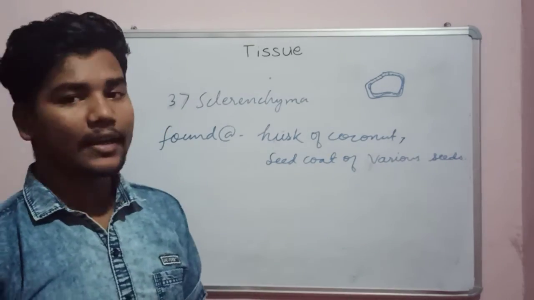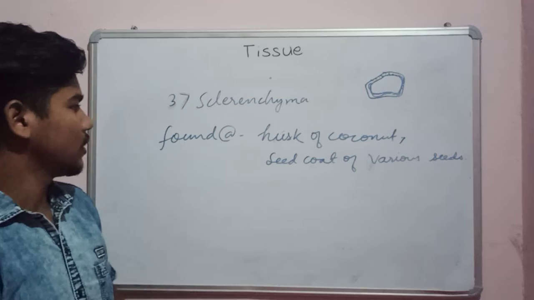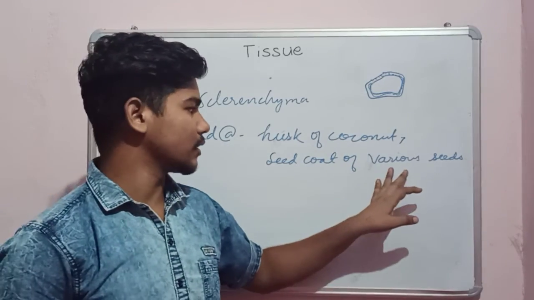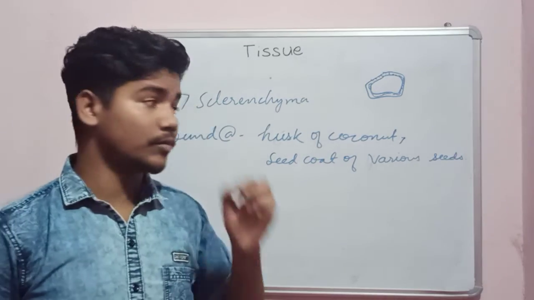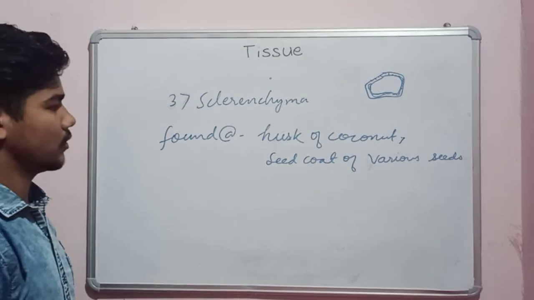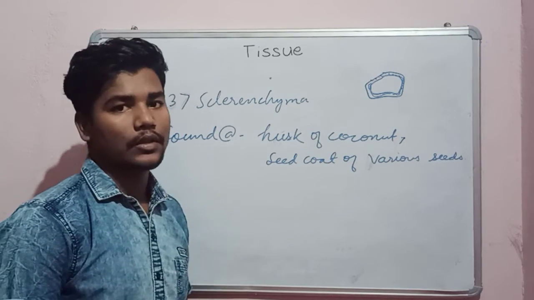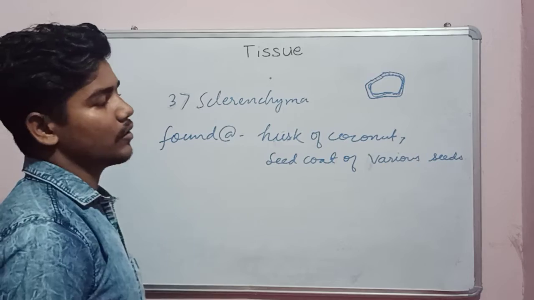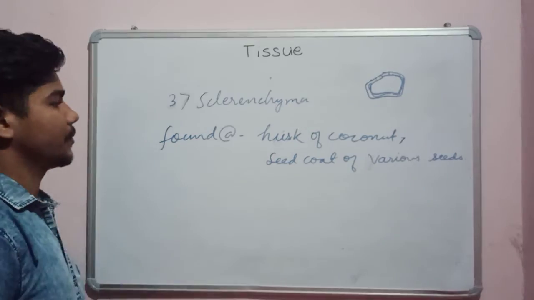So, sclerenchyma is mainly found as dead tissue. As it is dead tissue, it is found at the seed coat of various seeds, which makes the seed mature well before they grow into a plant.